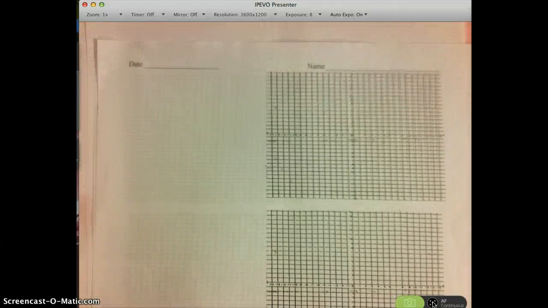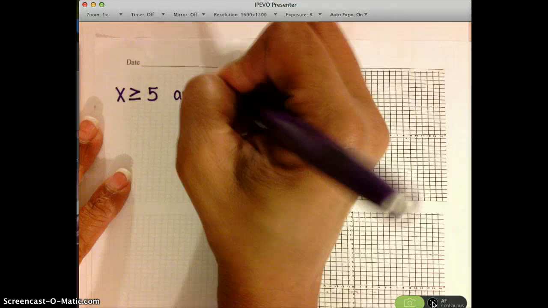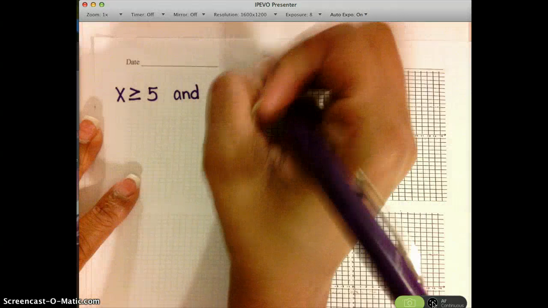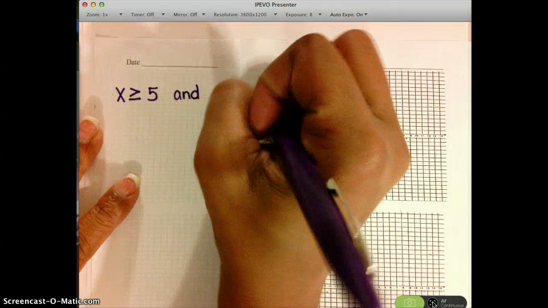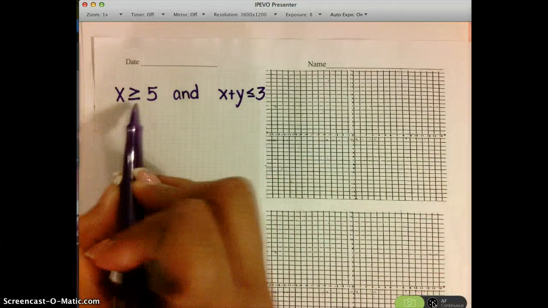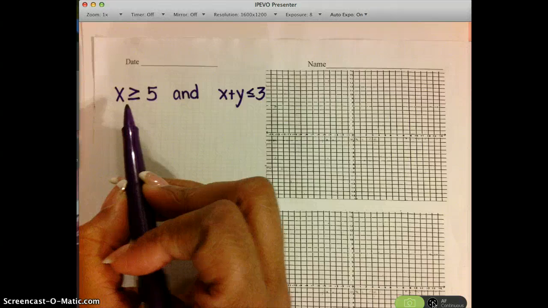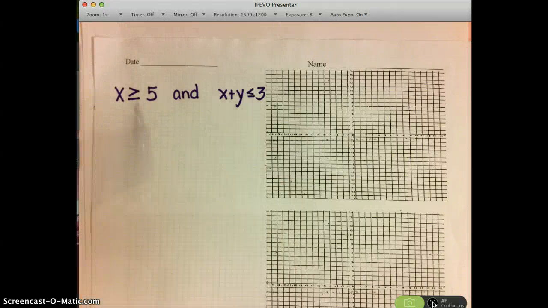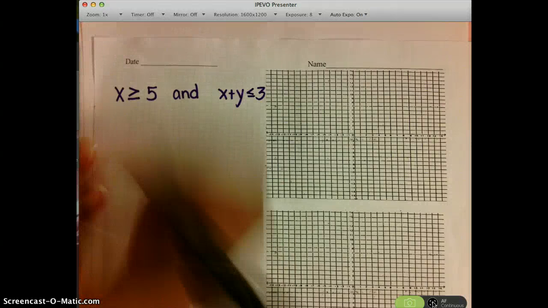Okay, our first system, we're going to have x is greater than or equal to 5, and x plus y is less than or equal to 3. Okay, this first inequality is already in the simplest form we can put it in, so we're ready to graph.